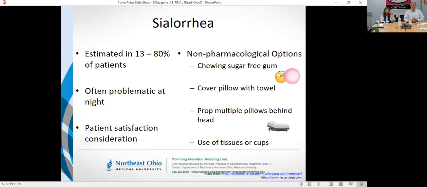At night, there have been some recommendations to cover the pillow with a towel, or potentially prop up the head of the bed or use multiple pillows behind the head. This may assist with some of the clearing, but may not completely resolve that problem. In patients who have more moderate to severe hypersalivation, that pillow may be saturated by the time they wake up in the morning. And that would not be the most wonderful way to start your day.